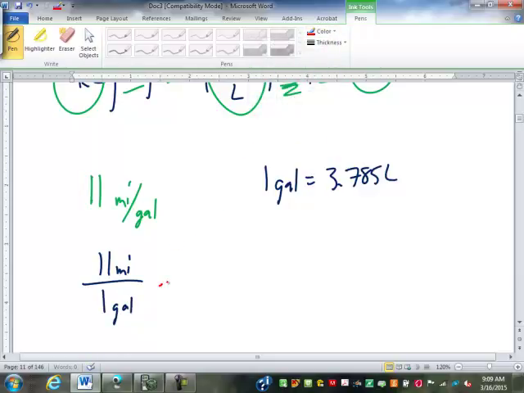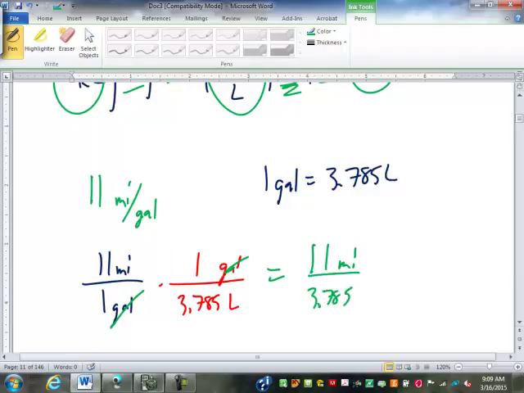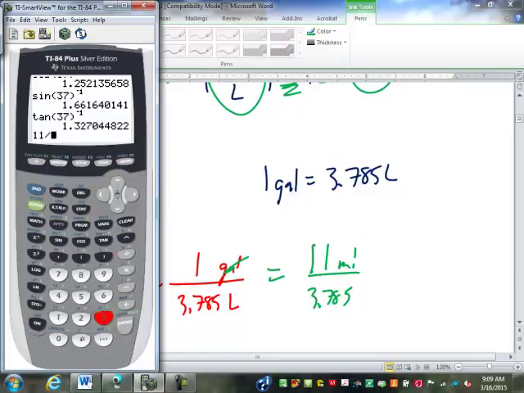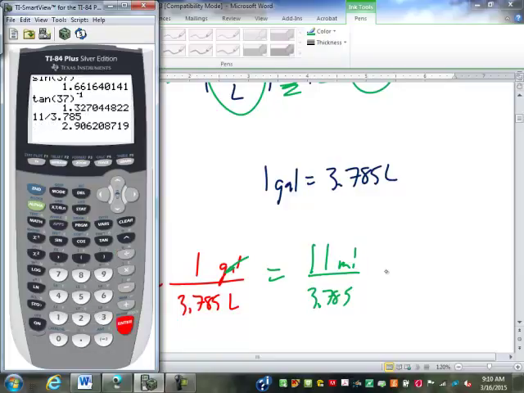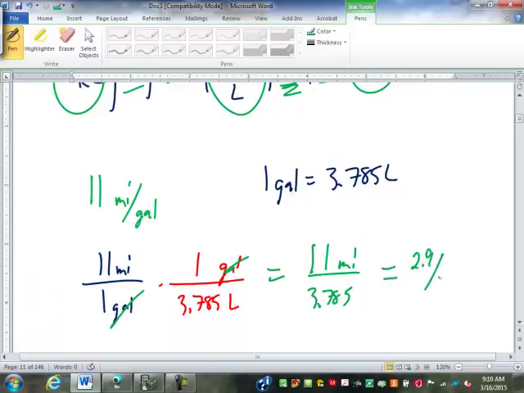Since the gallons are on bottom, we're going to put them on top, 3.785 liters. So now, just like any of our other conversions, the gallons cross-cancel out. This is 11 miles over 3.785 liters, so you're going to do 11 divided by 3.785. That gives you about 2.9 miles per liter. So yeah, 3 miles per liter would be pretty good mileage for you.